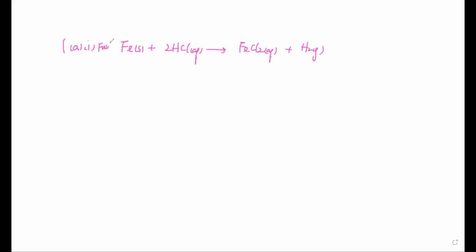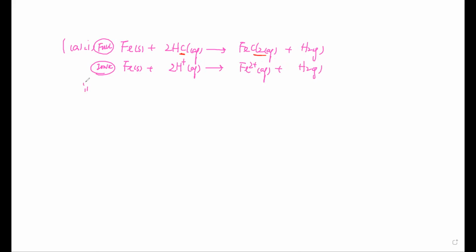That is the full equation. How about ionic? Do you still remember? Iron reacts with what? Hydrogen ion, H+. Hydrogen ion to form what? Iron(II), Fe2+ (aq), plus hydrogen gas. Yep. So remember the spectator ion is the chloride ion. You need to kick them out. Do you still remember? Get rid of them.